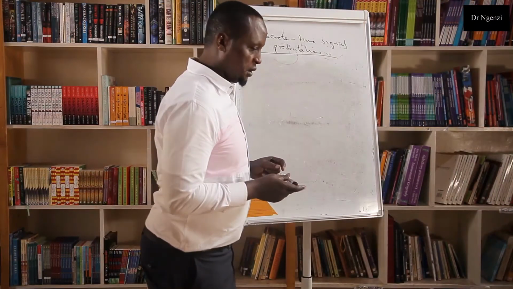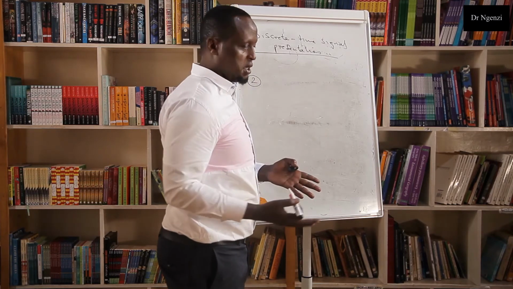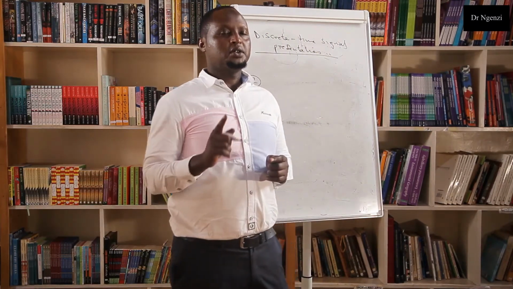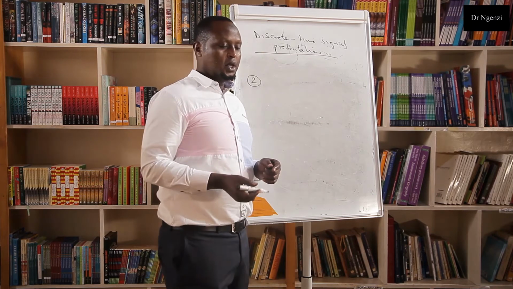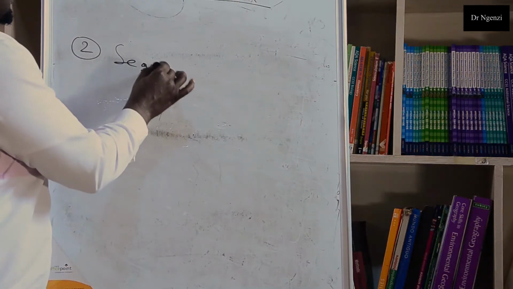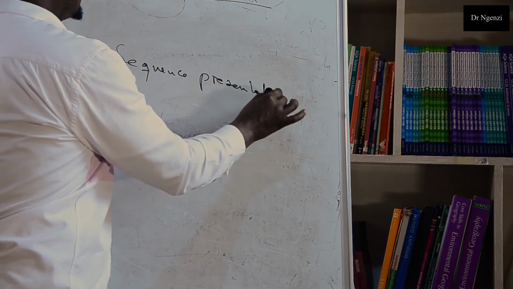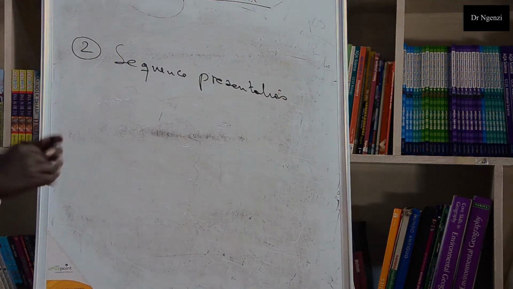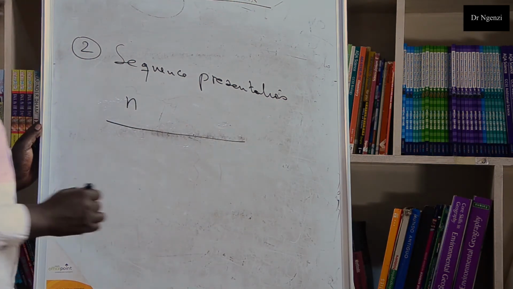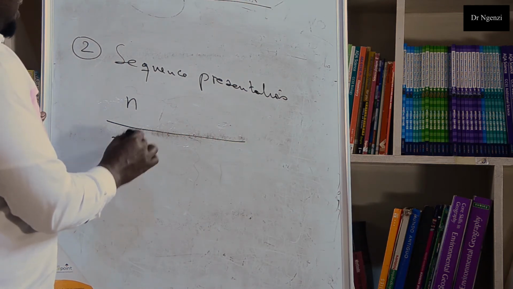Okay, so we are at number 2. There is another way you can present your signal. First we said functional presentation, which I have shown you, and this one can be what we call sequential or sequence presentation. You can have a number of samples over the discrete time signals, presented by x of n.